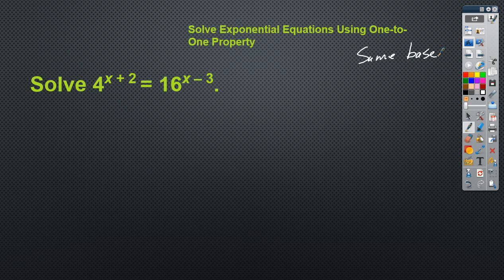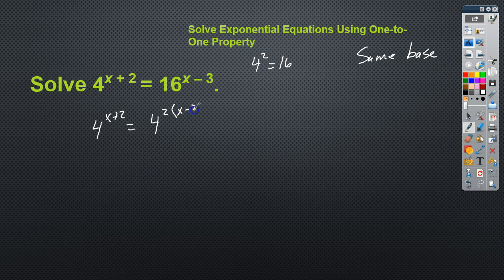We have 4 as a base and 16 as a base, and they're not the same. What I do know is that 4 squared is equal to 16. So instead of 16, I now have 4 squared, so here I have 4 to the x plus 2 equal to 4 squared to the x minus 3.